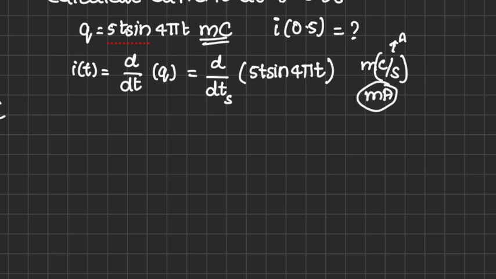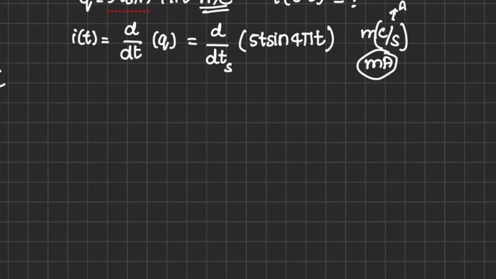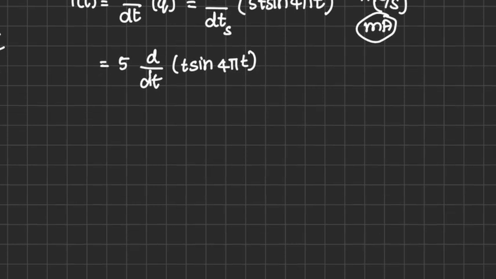Now taking this, 5 is a constant, and it is d by dt of t sine 4 pi t. This is simple: d by dt of uv will be equal to u dash v plus u v dash.